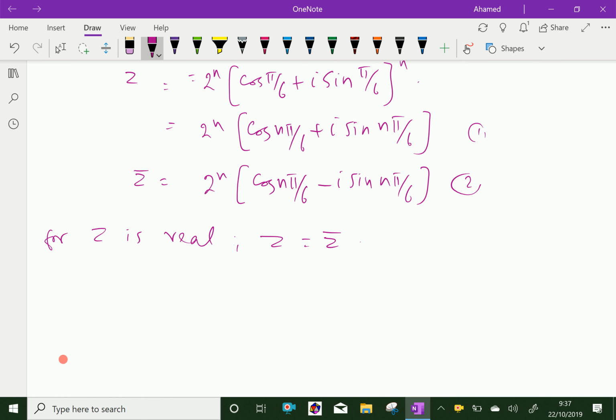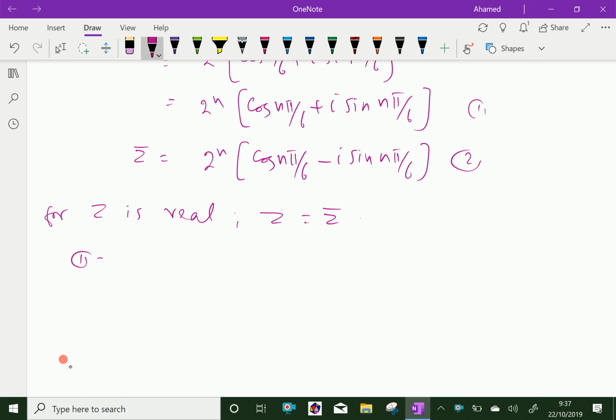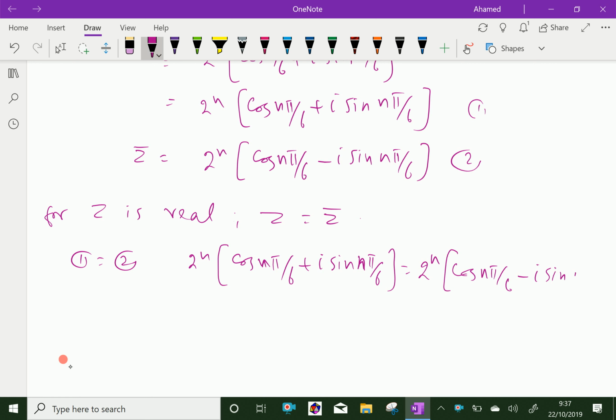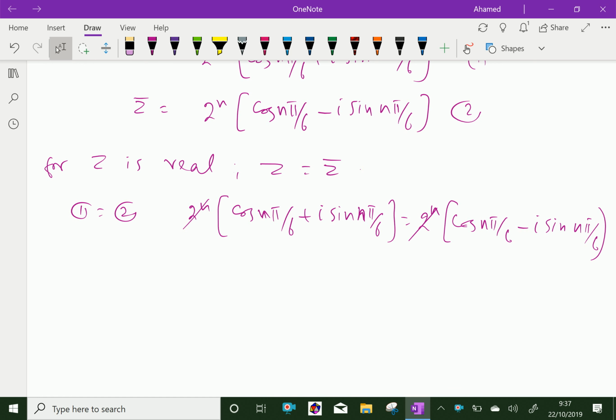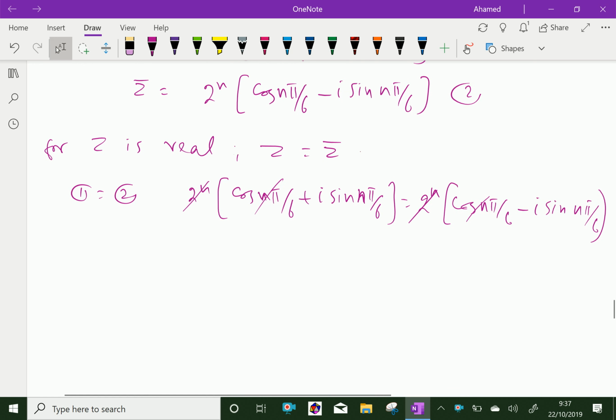Regarding that, we equate 1 and 2. 2^n (cos(nπ/6) + i sin(nπ/6)) equals 2^n (cos(nπ/6) − i sin(nπ/6)). Here 2^n cancels on both sides, and cos(nπ/6) cancels on both sides. Then collecting one side, it becomes 2i sin(nπ/6) equals 0.